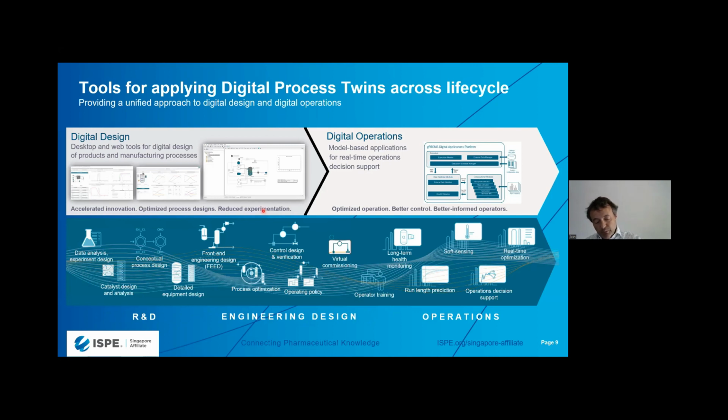Now, although we enable pharmaceutical companies to allow models to be used across the life cycle, it's important to realize that people in process development, who may have PhDs, will want to interact with these models in much more detail. They want to understand details of thermodynamics, kinetics, and so on.